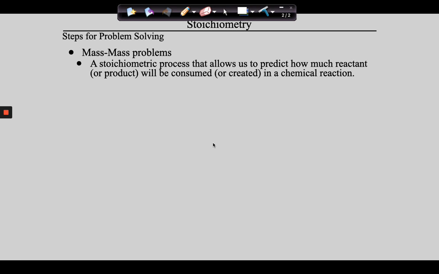So guys, mass-mass problems are a stoichiometric process that allow you to predict, and guys, that's an important word, how much reactant or product will be consumed or created in a chemical reaction.